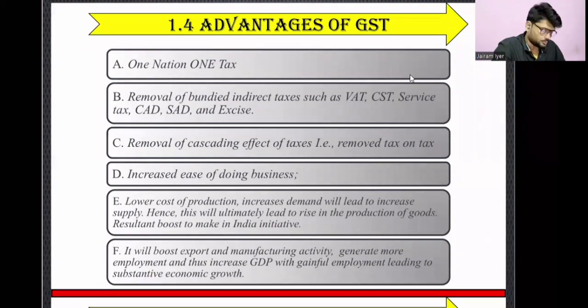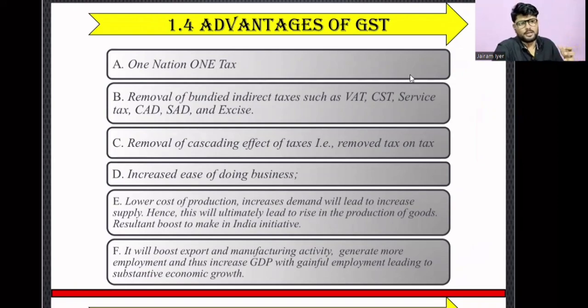At the very first stage, the advantage is that, as we discussed, so many taxes that used to be in the previous indirect tax system are curbed, and all have been subsumed to form one tax. That's why we always call GST a one nation one tax.